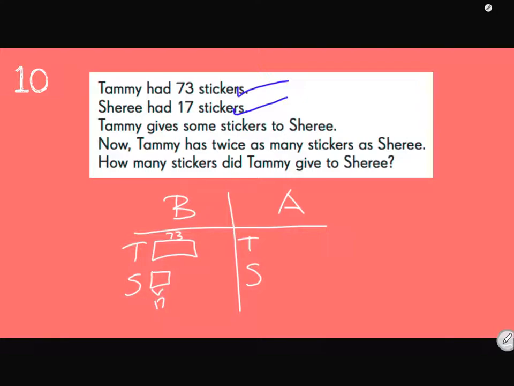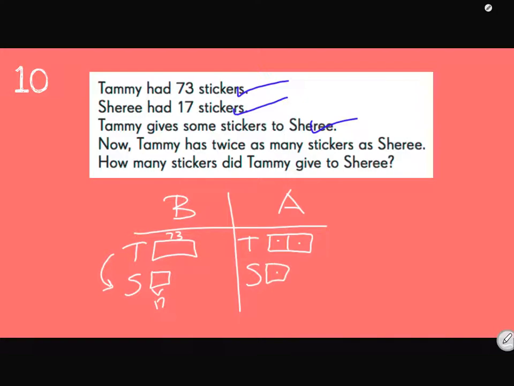And that amount that she loses will be the same amount that Cherie gains because she's passing them off. And I'm told, so I'm just going to make a little mark because Tammy's giving some to Cherie. I'm going to just do this little mark to remind myself. So now Tammy has twice as many as Cherie in the end here. So she ends up with twice as many.